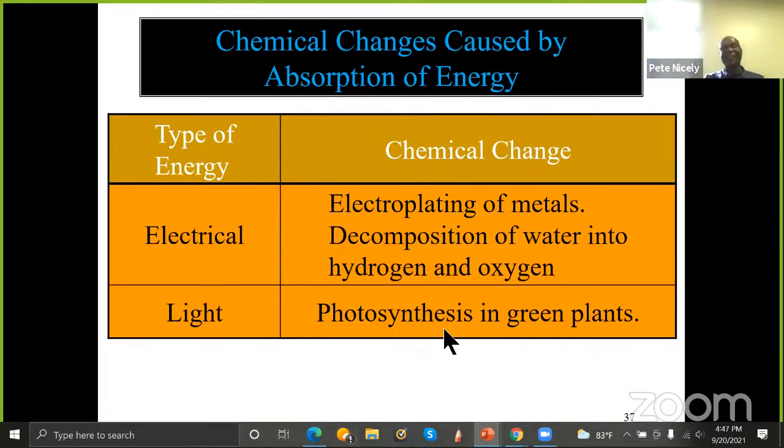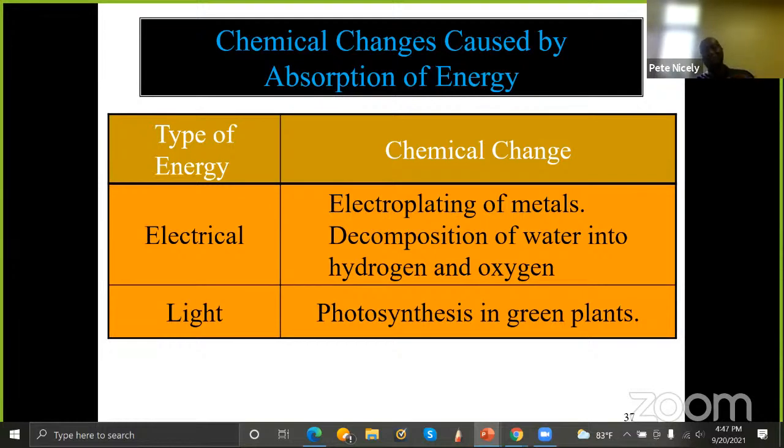And then another example, which occurs in nature, of light energy being used to drive chemical reactions is the photosynthesis that occurs in green plants. As you may know from your biology courses, green plants have a substance in their leaves known as chlorophyll, and that substance is able to trap light energy from the sun, which allows for a series of reactions where carbon dioxide and water are ultimately converted to glucose, all right?